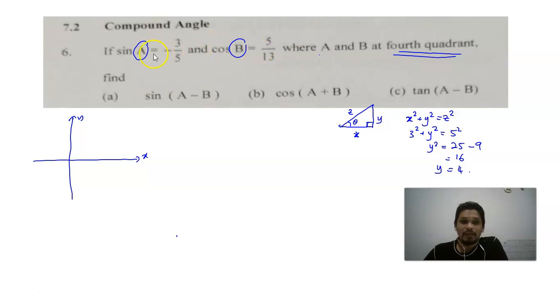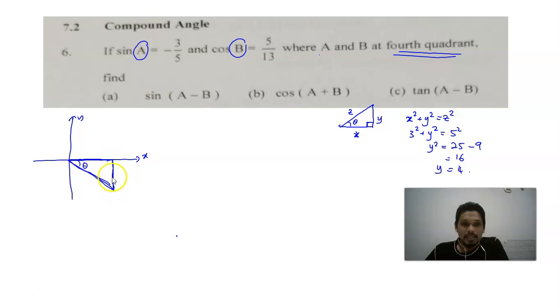So the angle A that we're looking at right now is in this kind of triangle with theta here. So sine theta, sine A equal to negative 3.